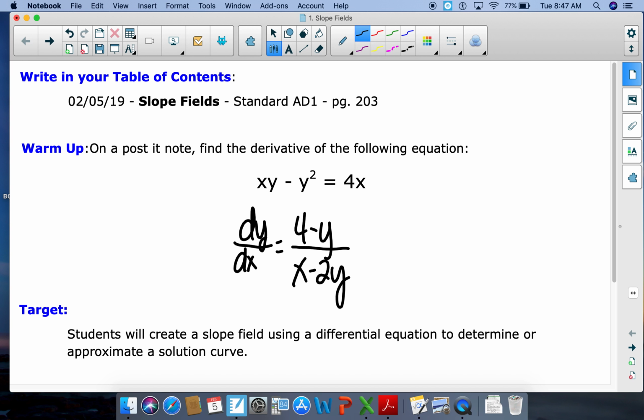Could we do that? Could we start here and get back here?